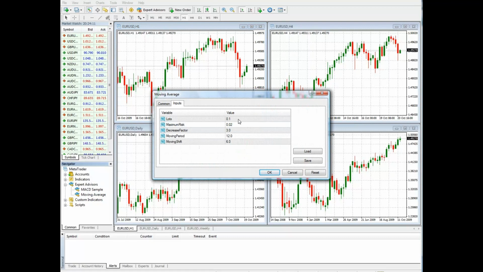You'll notice immediately that there are inputs that you can change. If you want that to be 1 lot, you could do that rather than 0.1. You could change these things too, provided you understand what things are to be changed. If you're using a commercially available expert advisor, then it's advised to use the standards as dictated by the vendor.